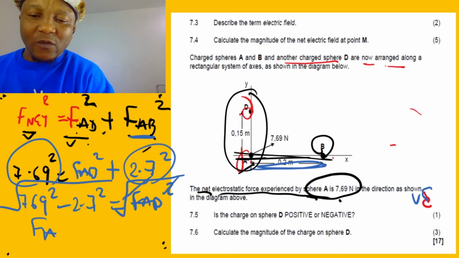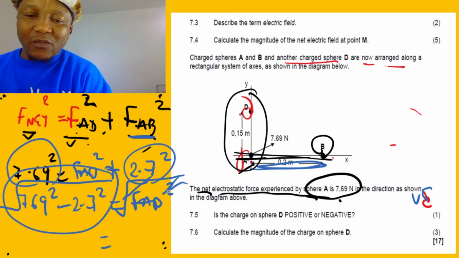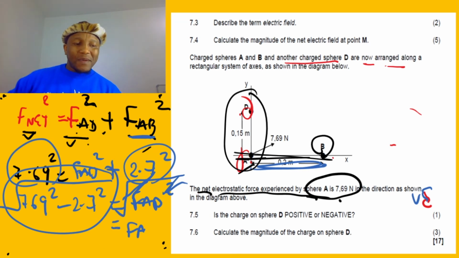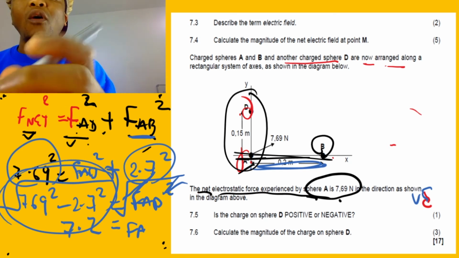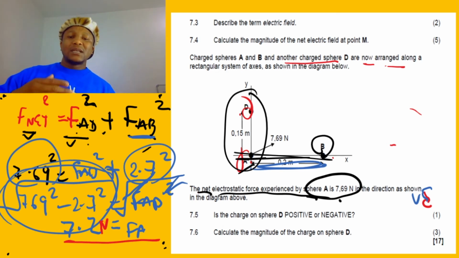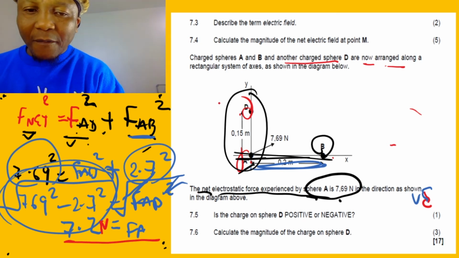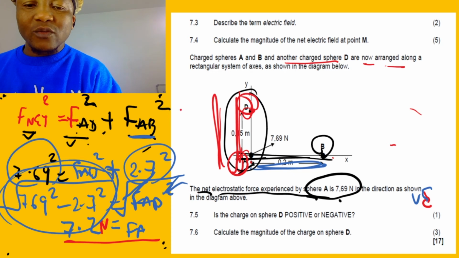So force of AD, take a calculator, plug all of these in, and it is going to give you 7.2 newtons. So the force between A and D is going to be 7.2.